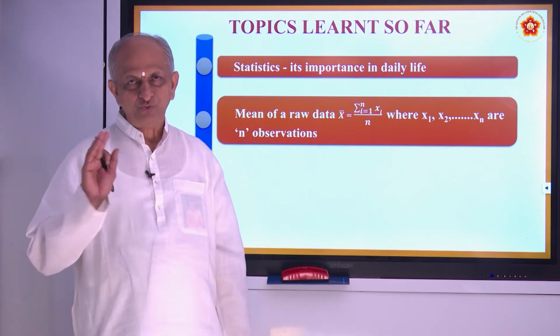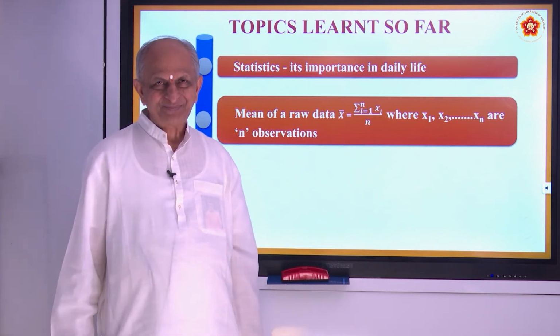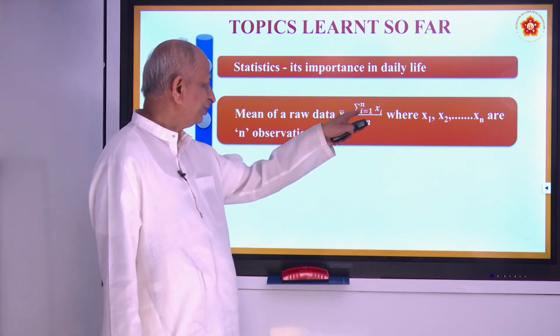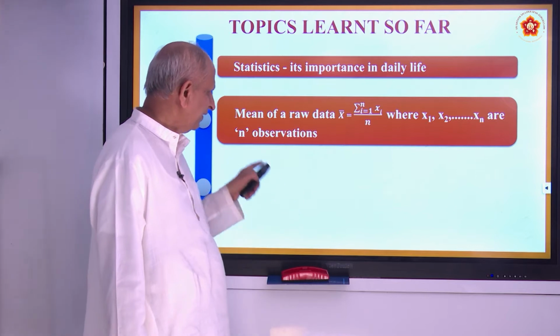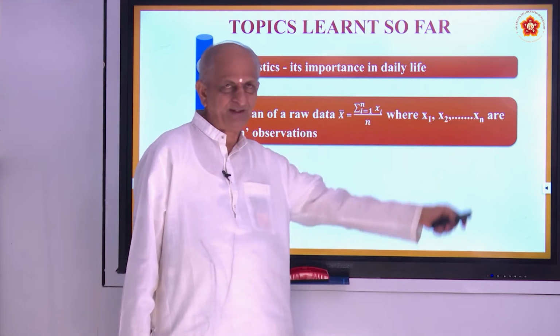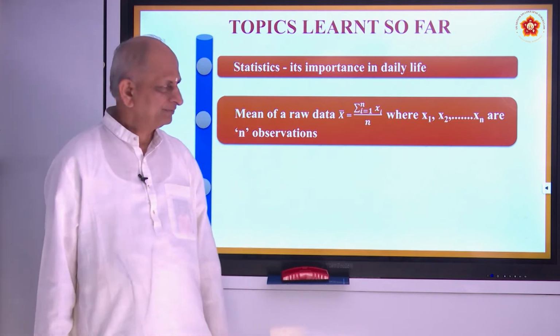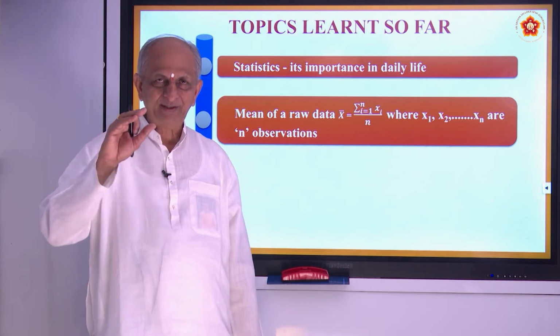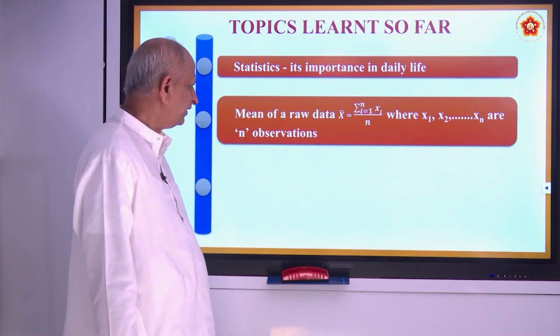There are no fractions here, only counting numbers. That's why it is written i is equal to 1 to n, where n is the number of observations from x1 to xn. That is the formula. Just add all the numbers and divide by the total number. That is all simple.